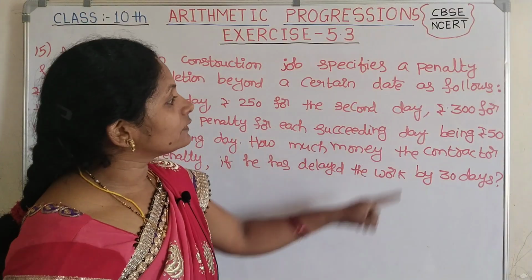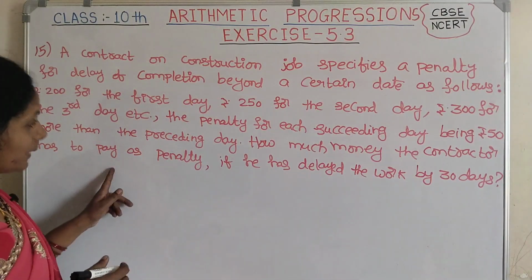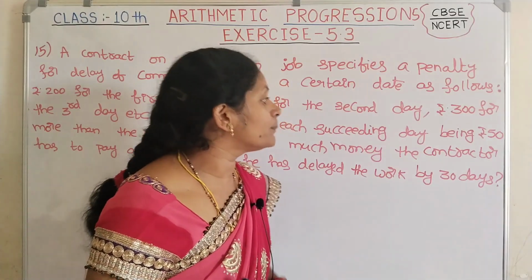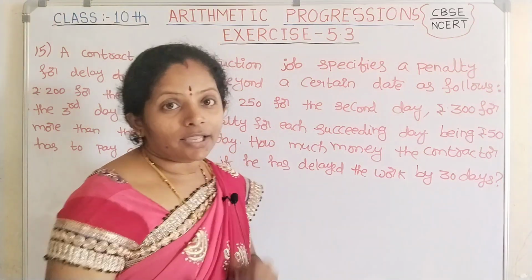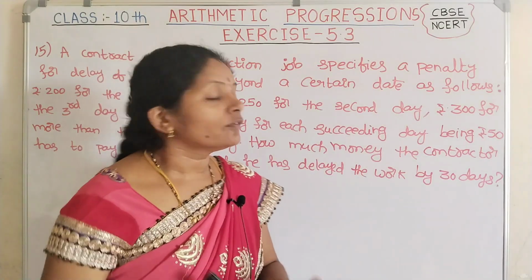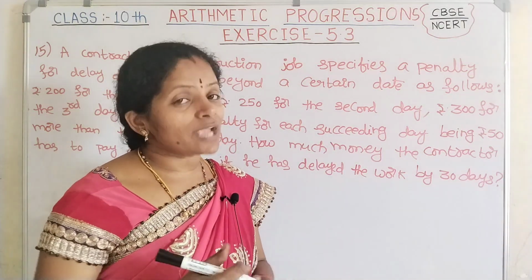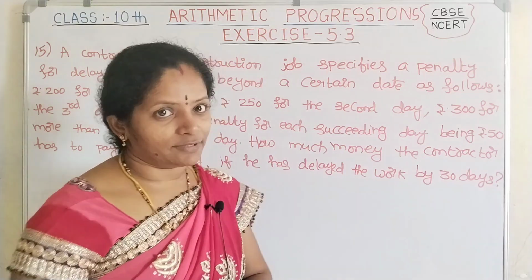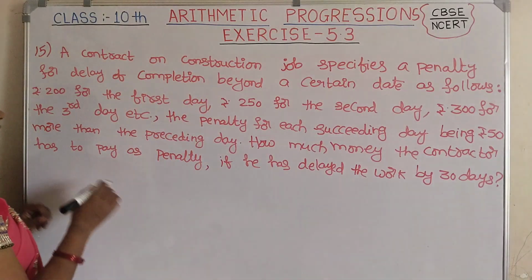How much money the contractor has to pay as penalty if he has delayed the work by 30 days? If he is delaying the work for 30 days, how much he has to pay as the penalty, that we have to find. Let us write the given data here.